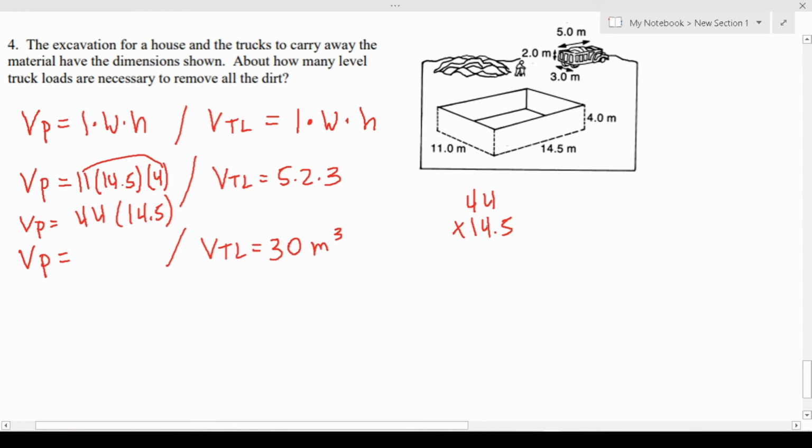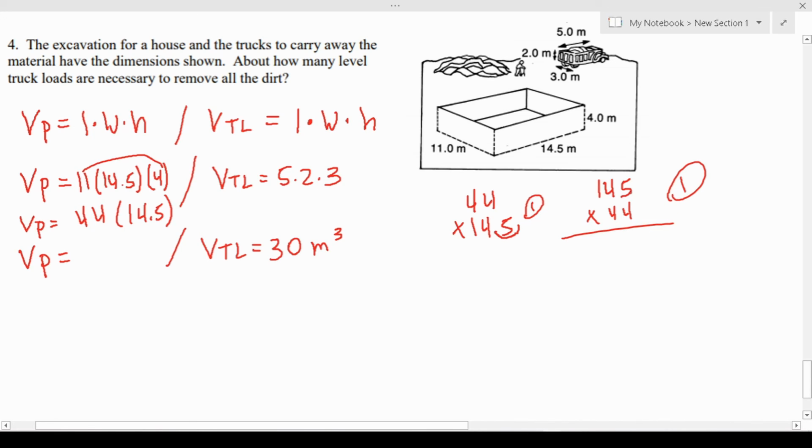So 44 times 14.5 is a whole number times a decimal. In order to do this, we're going to have to shift this decimal to make it a whole number as well. More specifically, we're going to shift it one time to the right to make 14.5 into 145. And at the end of doing this arithmetic, we'll shift that decimal back in. So this is going to be 145 times 44, albeit with one decimal to shift back into the left at the end.